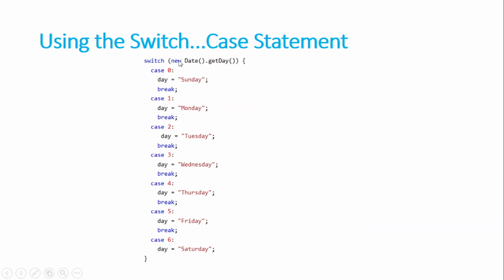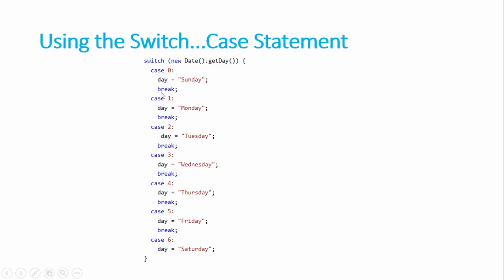You can see we have this new Date dot getDay, which is similar to what we did earlier when we were learning about if else. We had this object and we were getting that directly. We are getting the day; if the day is 0, which means Sunday, we can assign the day variable to Sunday, because case 0 means it is Sunday. And we can break the switch statement, so it will not check others, it will only leave here.